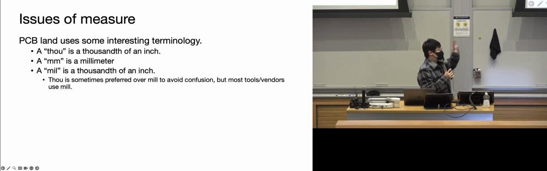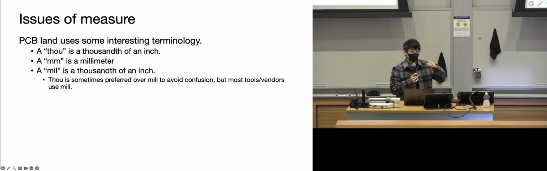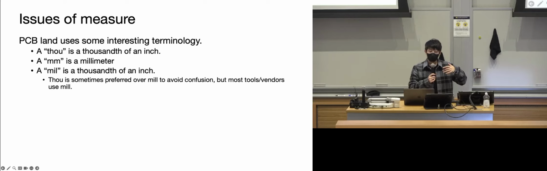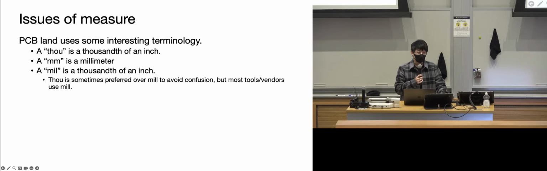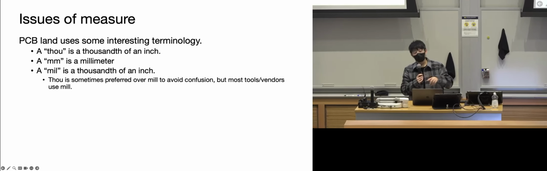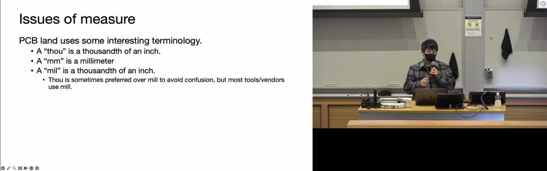So it's just a bit confusing. Make sure you have the units correct. Either use the standard millimeter units, or make sure you choose your units correctly in your design tool, and then when you do the manufacturing, also choose the correct units.